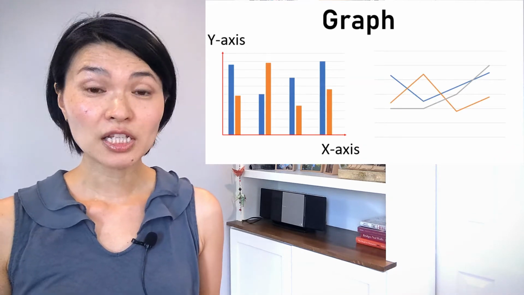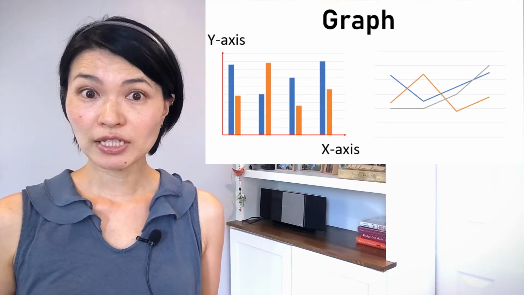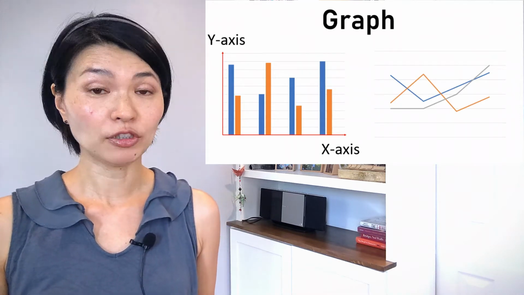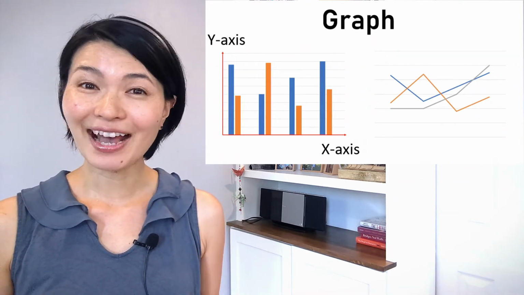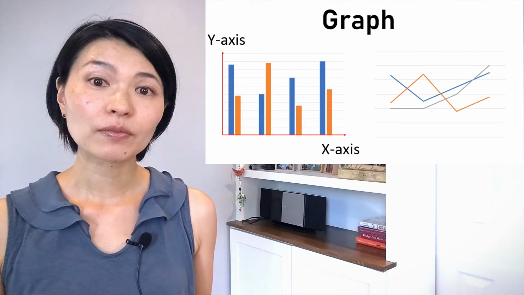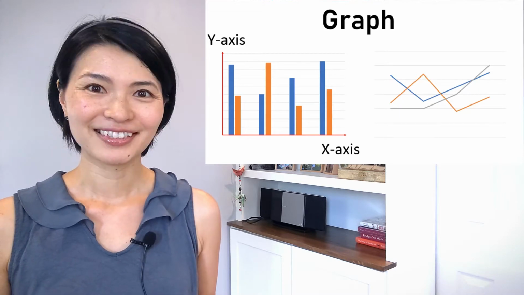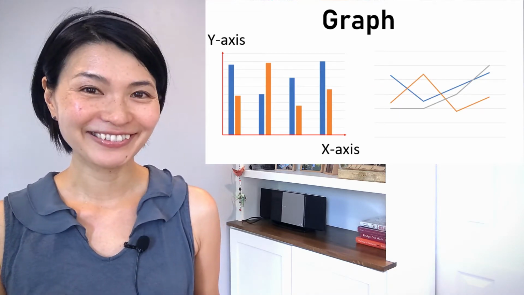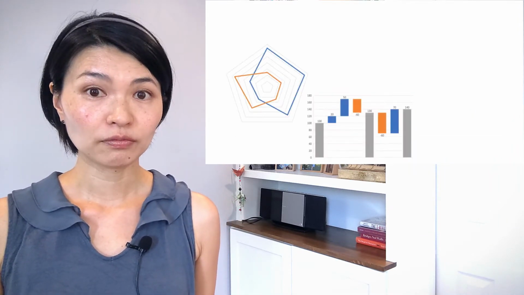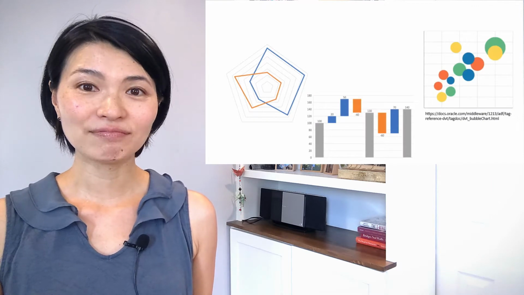There are different kinds of graphs, but in a presentation, you normally don't say, look at this bar graph, or this line graph shows. It sounds more natural to say, this graph. Good for English learners, right? Just like graph, you can refer to this chart, or this chart as simply chart.